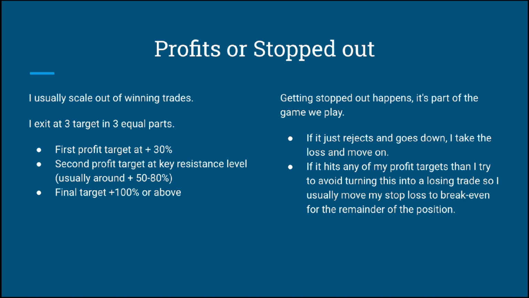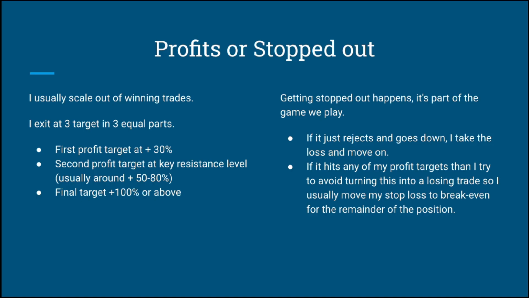Then if it hits any of my profit targets, that's where I will adjust my stop loss and move my stop loss for the remainder of my position to break even. There's no reason to turn a winning trade into a losing one, right? Being up 30% on a part of my trade and then closing it out is better than having a losing trade.